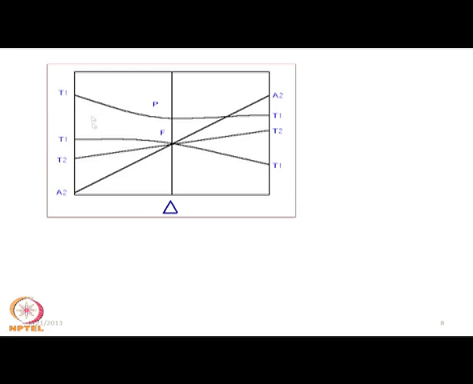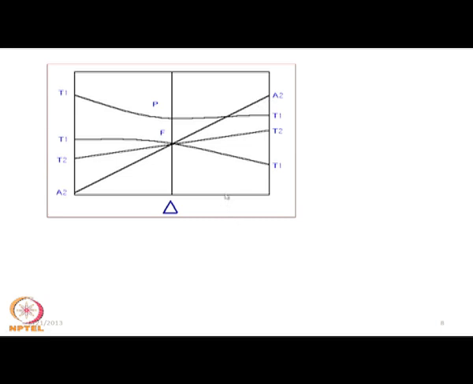That means these two T1 terms are basically repelling each other. These two are also repelling each other. So, they do not have any such crossing, but this T1 term can cross this A2 term.